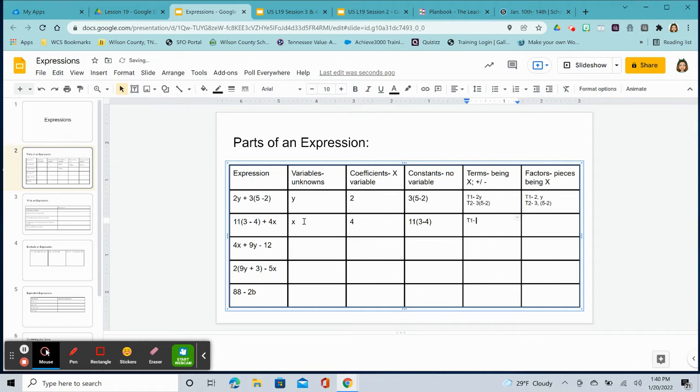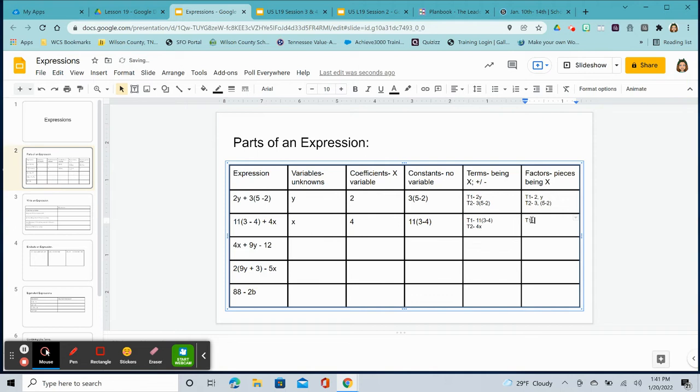So the first term is 11 times 3 minus 4. And it's the same thing there for that. It's a term because it's actually the product of 11 and the difference. Then we have term 2, and in term 2, we have 4x because 4 is being multiplied by x.